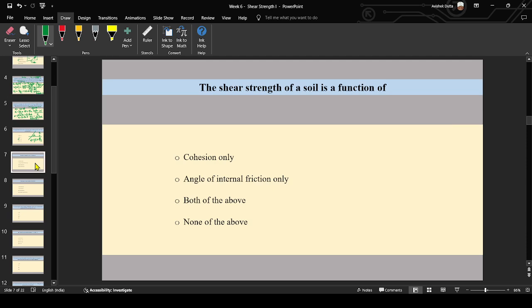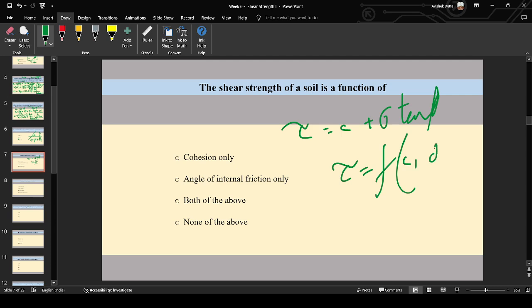The shear strength of a soil is a function of, this is a very easy question, as we know, tau equals c plus sigma tan phi. So the shear strength tau is a function of c, a function of phi, and also a function of sigma.